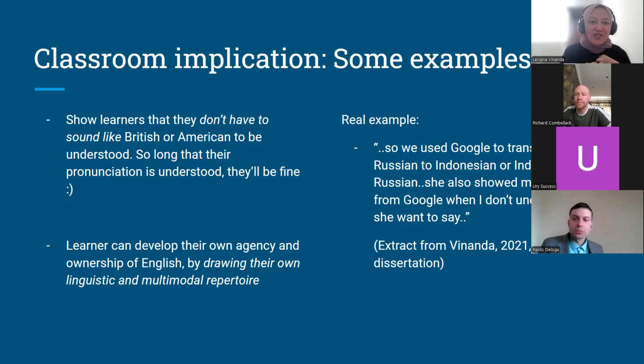They don't have to sound American or sound English to be legitimate English language speakers. They are who they are, and they are legitimate users. I cannot emphasize more how it can help them to develop their confidence as English language speakers.